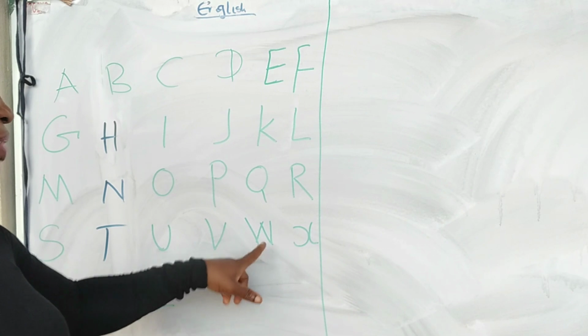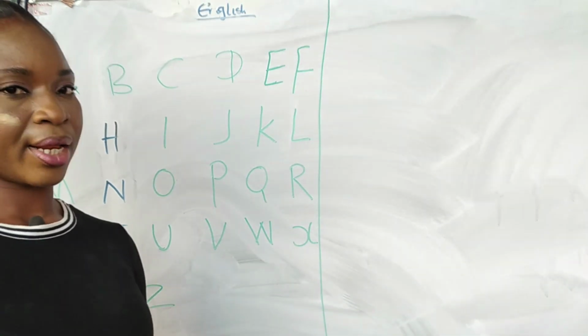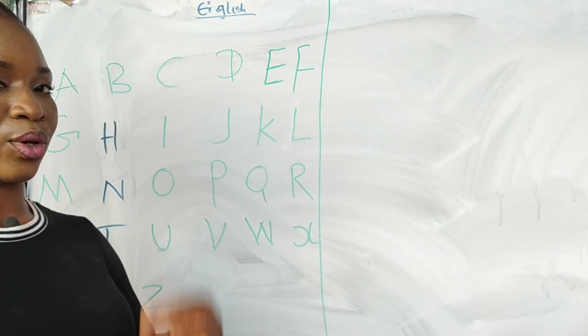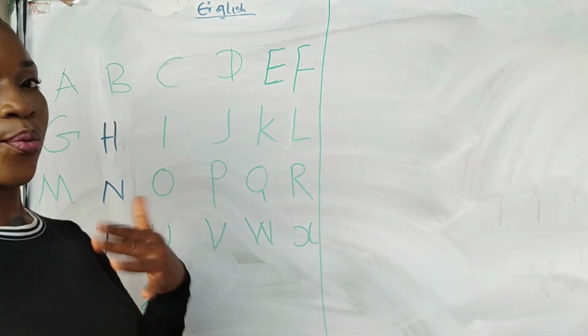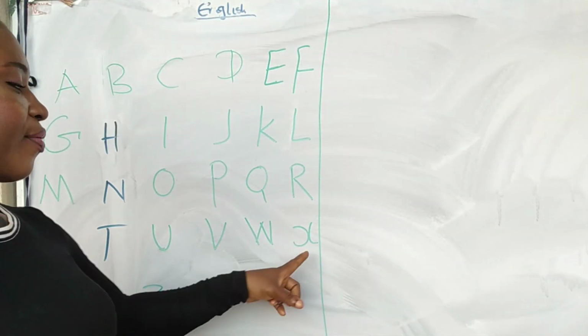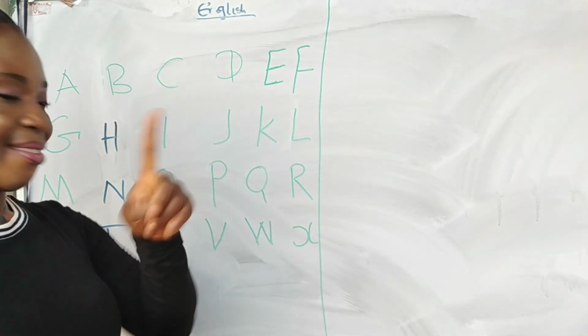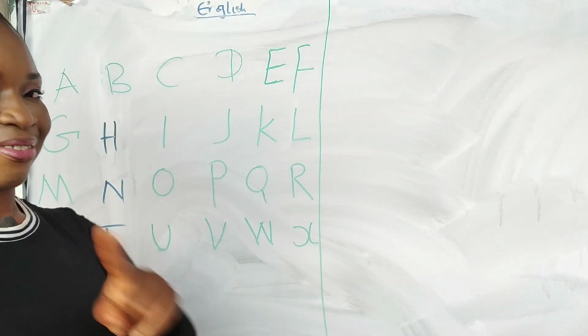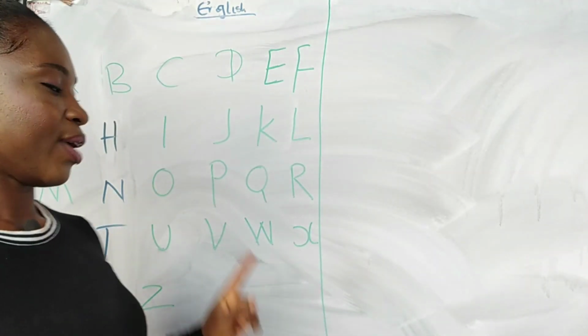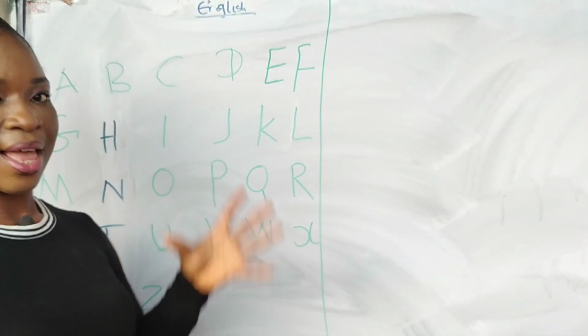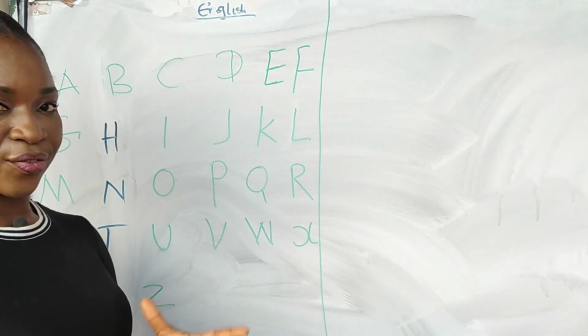Okay, so we have the W, as well as the west sound, W, as in west, the way. Okay, so we have the X. The X sound as in Xmas, extra phone.